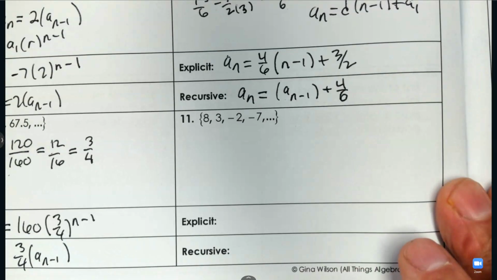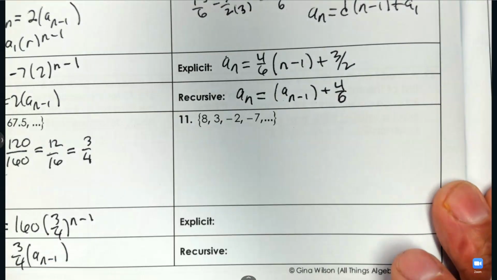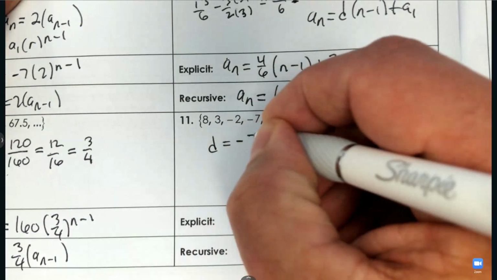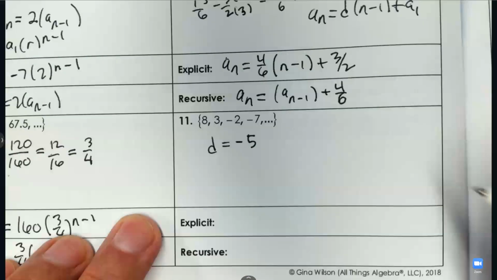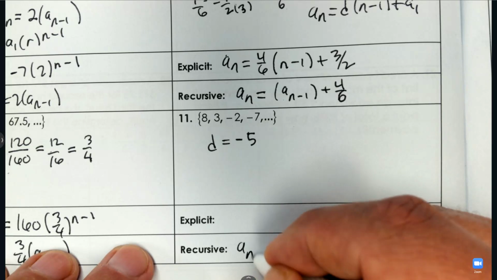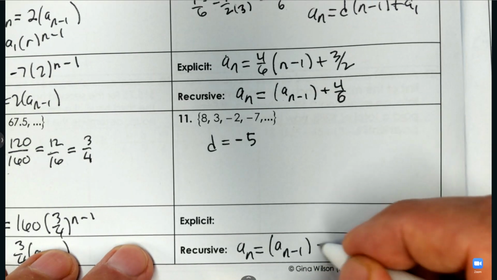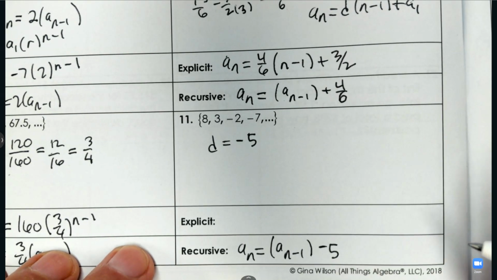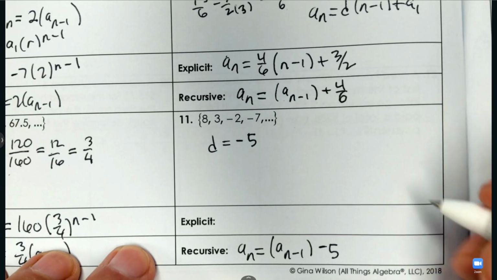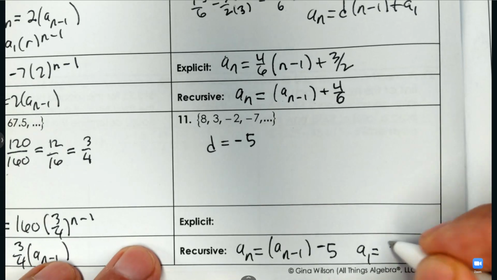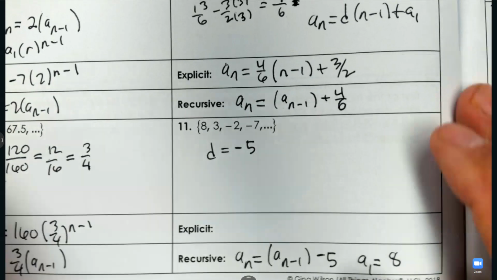At number 11, look at the pattern, press pause, and see if you see it. This has a common difference of -5. So the recursive will be the term before, which is a n minus 1, and then you subtract 5. We should also write down what A1 equals in the pattern for it to work. I forgot that. So A1 equals 8.